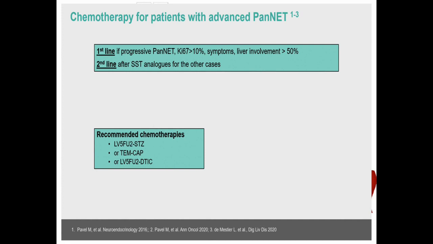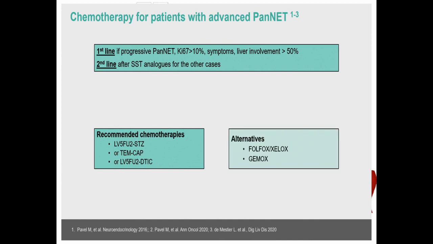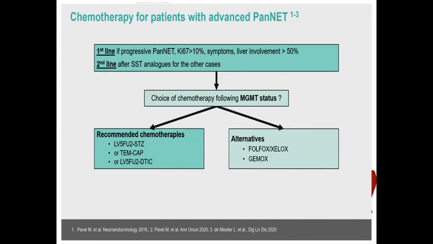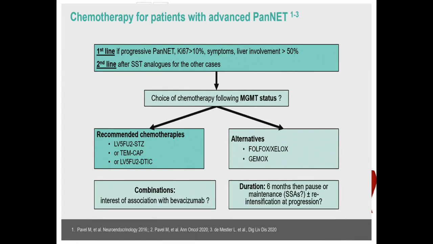Those combinations are recommended: 5-FU strep, temozolomide capecitabine, or the IV counterpart. The alternatives with less level of evidence are the oxaliplatin-based combinations. The choice of chemotherapy should probably follow MGMT status as determined inside the tumor. The combination with bevacizumab should also be considered.